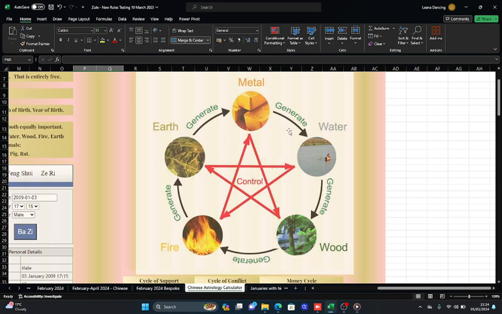So you check if you've got these elements in the other pillars. If you've got metal and wood in the other pillars, then you will have something to exploit, and you'll have money to make. And when I say something to exploit, I don't mean someone to exploit. I mean an opportunity, I mean an idea, those sort of things.